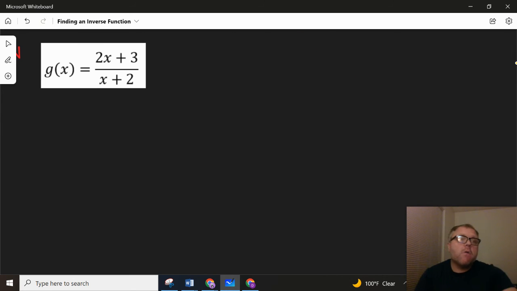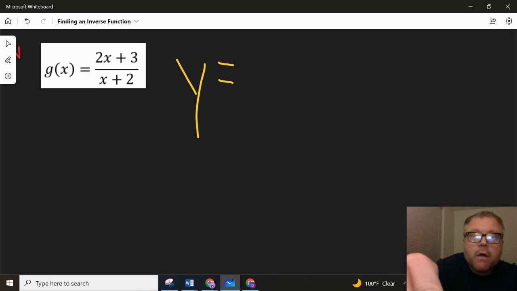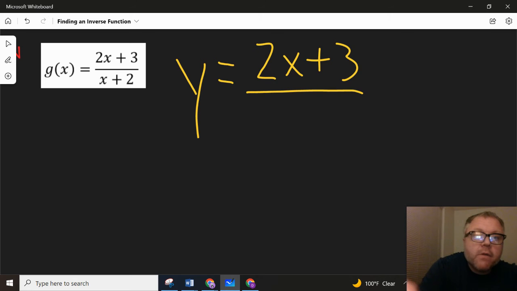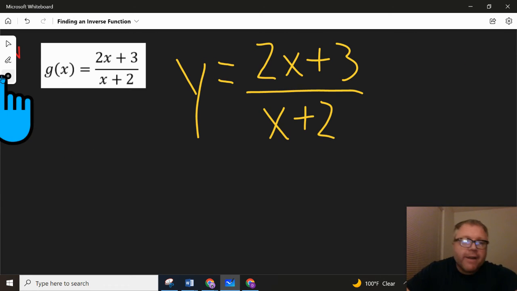Okay, so remember g of x here is y. That's the same thing. So I'm going to rewrite this as y equals the quantity of 2x plus 3 divided by the quantity of x plus 2. Now, step 1 tells us to switch x and y. And yes, there's more than one x on the right-hand side, so we're going to switch them both out.